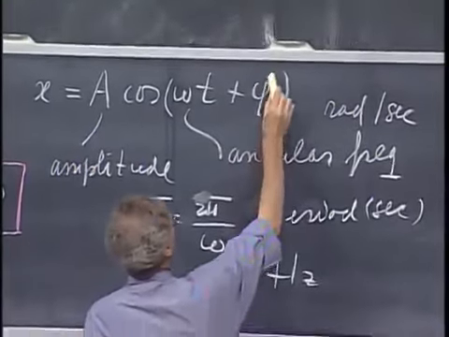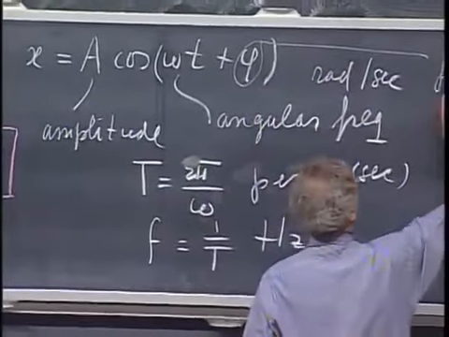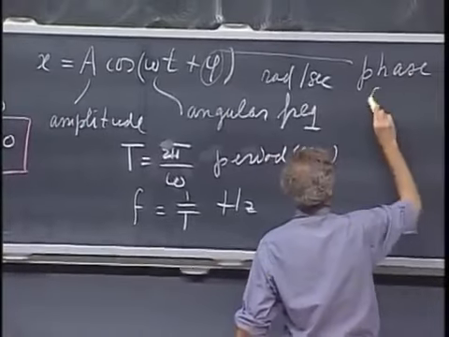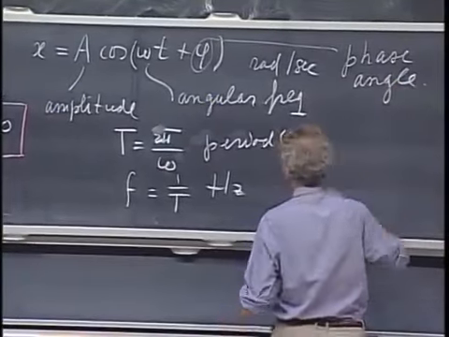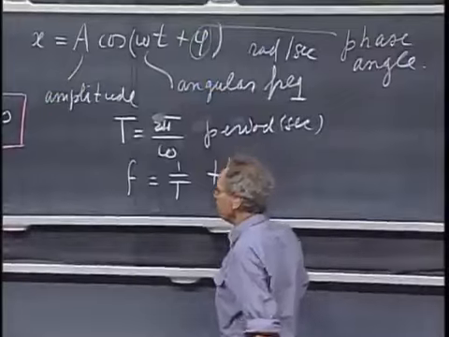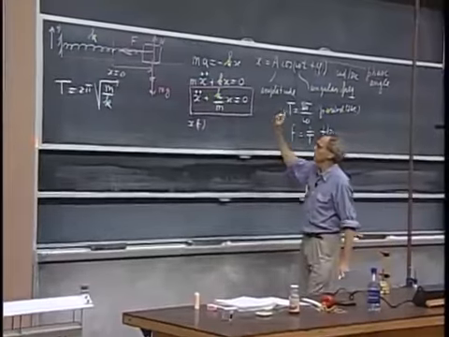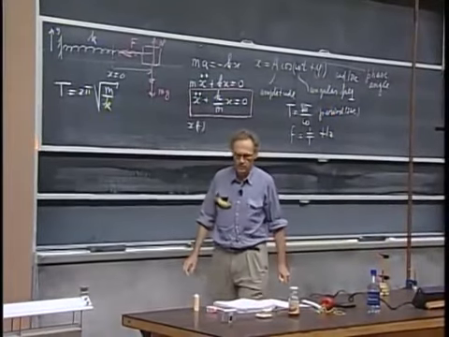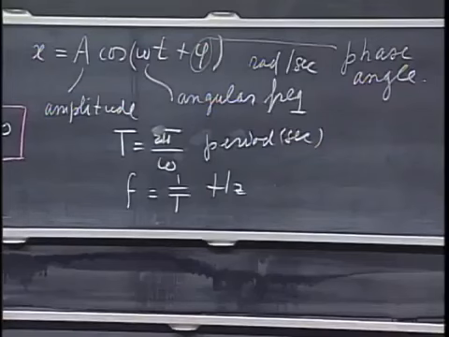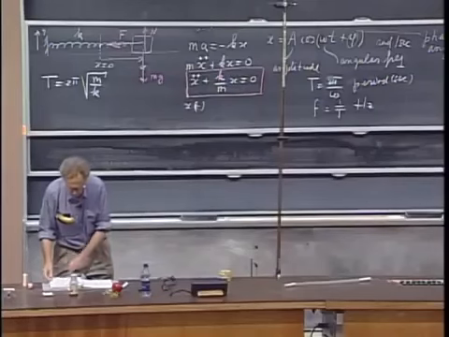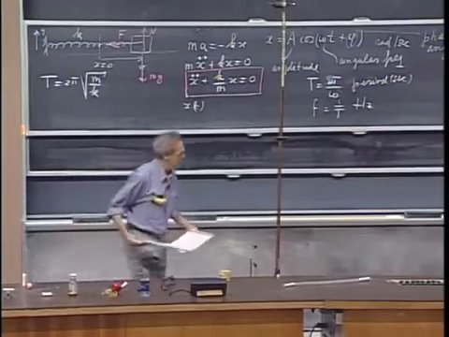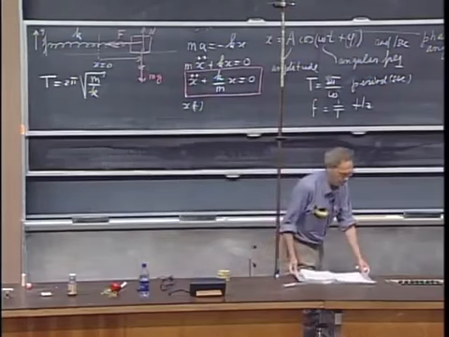And then here we have what we call the phase angle, and I will return to that. That's in radians. And this trial function, I'm going to substitute now into this equation. So the first thing I have to do is find the second derivative of x as a function of time.